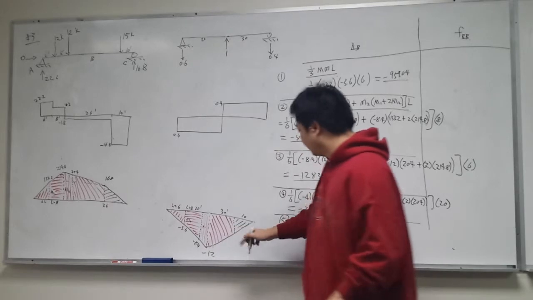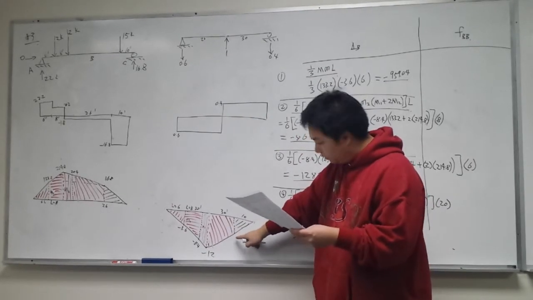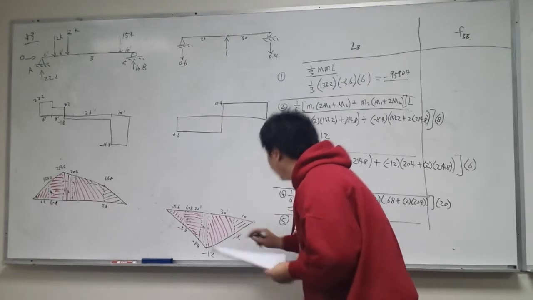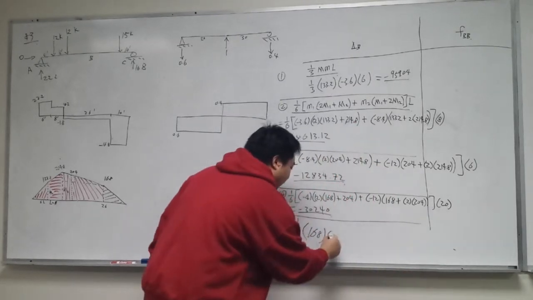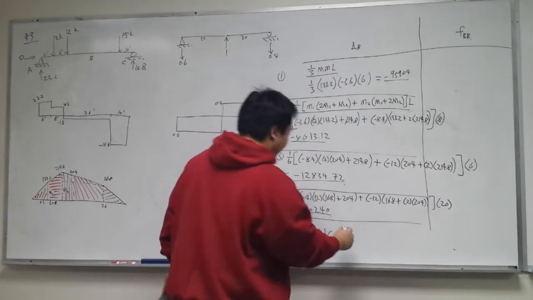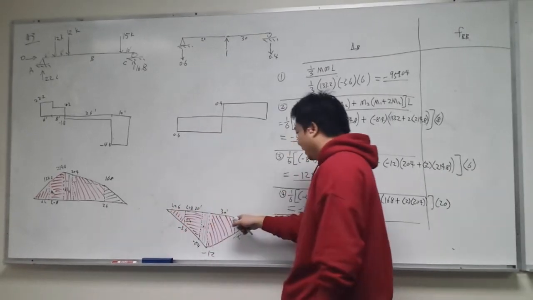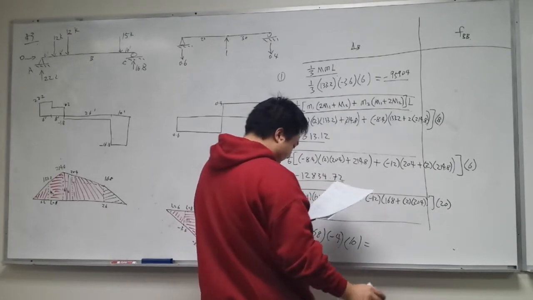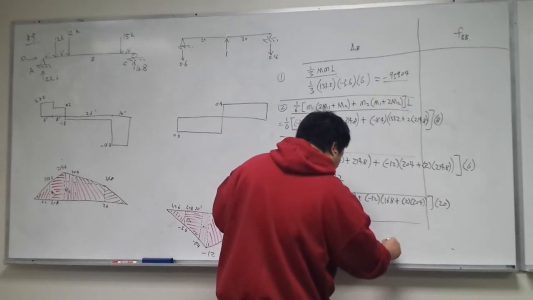Small m is, oh, I didn't write it down. You use the similar triangle, you're going to get negative 4. So times negative 4 times L. The length is 10. So times 10. So you're going to get negative 2240.